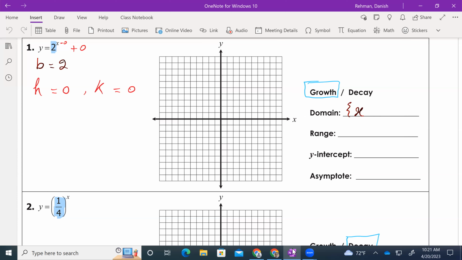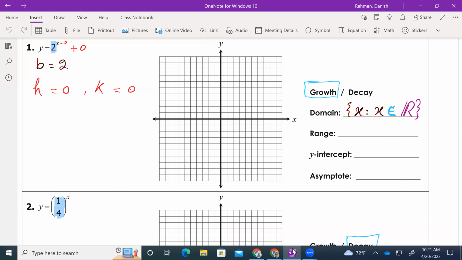In set builder notation, I can simply write x such that x belongs to this sign over here. We will read it all the time as: belongs to what? The real numbers. All real numbers will be the domain of exponential functions all the time. What about the range?